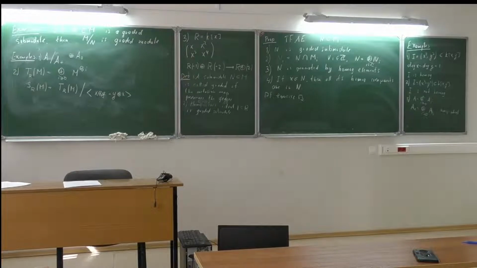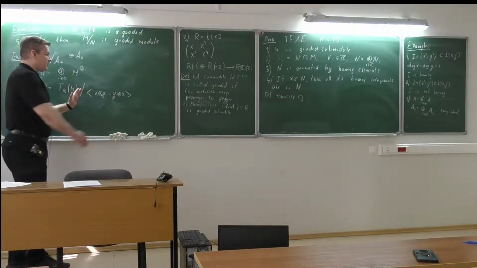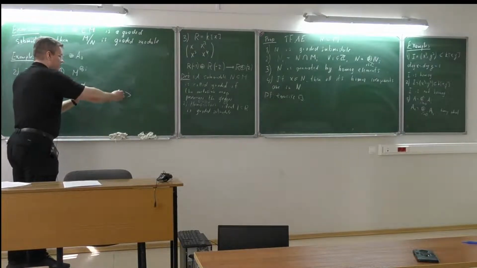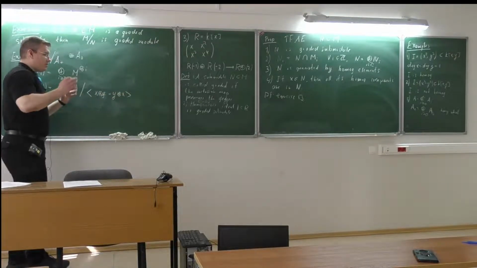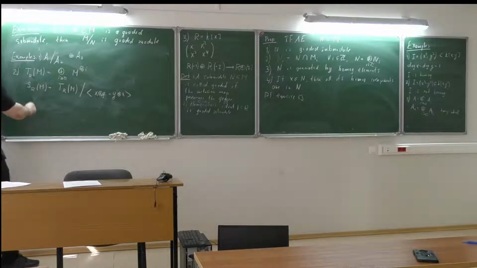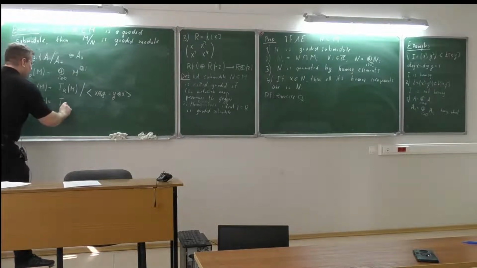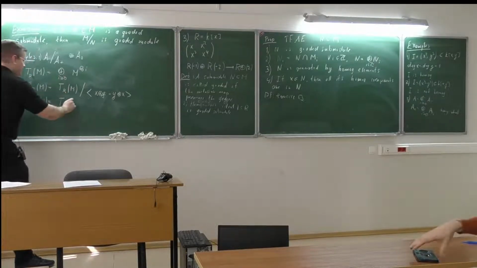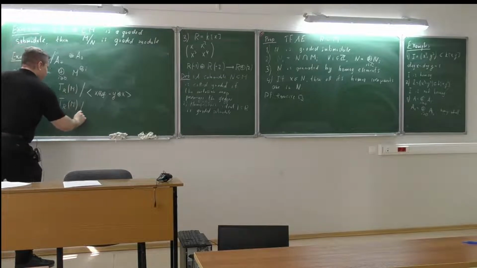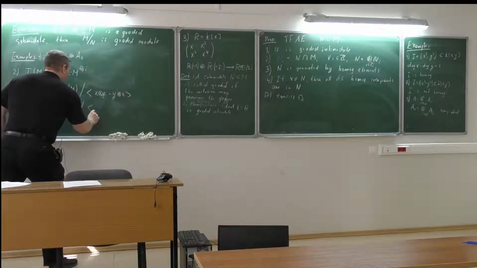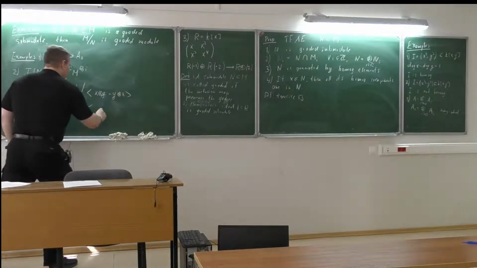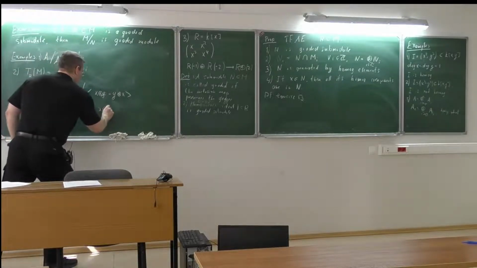I'm taking a two-sided ideal, meaning that I have tensors in this ideal, I have this expression, and I can multiply by any tensor on the left and any tensor on the right. And then there is, of course, the exterior algebra of a module, which is also a quotient of the graded tensor algebra by some graded ideal. In this case, I think it's enough to consider the ideal generated by x tensor x.